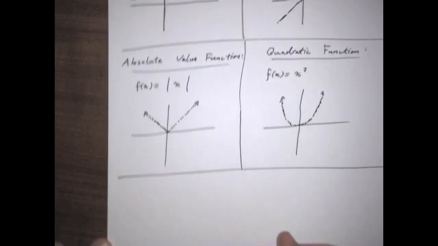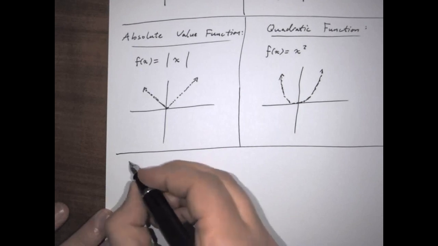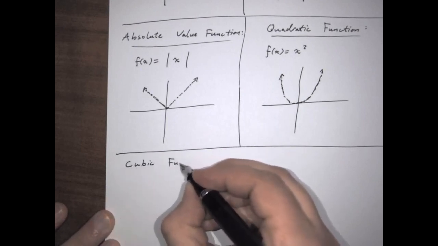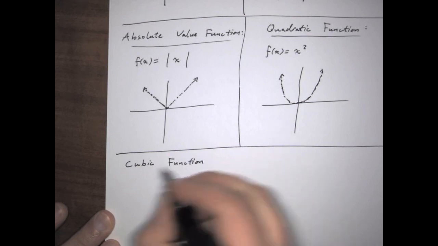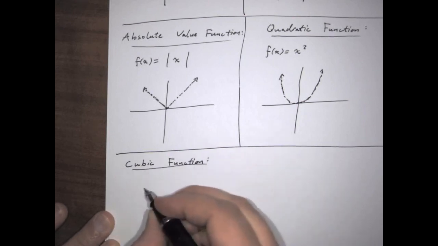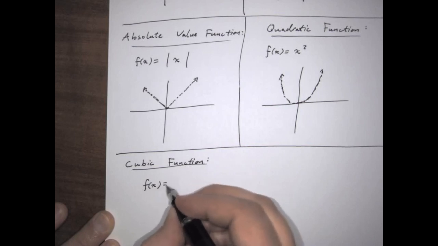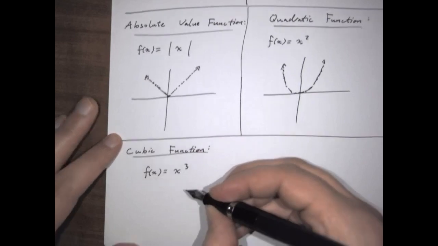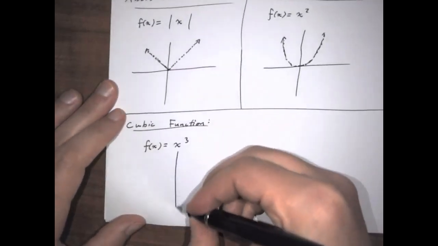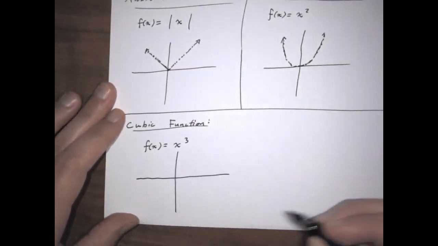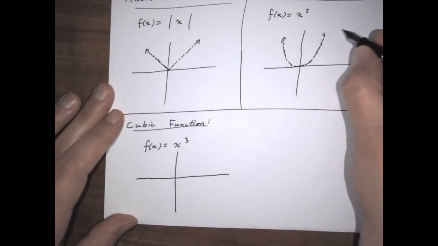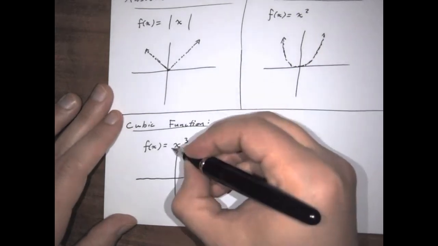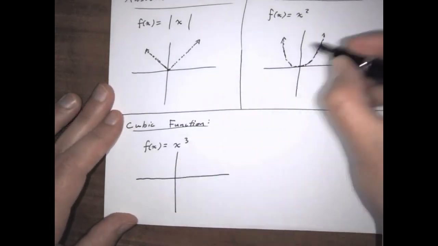Now, the next level up from a quadratic is what's called the cubic function. And so the formula there is f of x is equal to x cubed. And the most important difference, if you are raising something to the third power instead of the second power, is that unlike with a quadratic, when you're squaring things, here, if a negative goes in, a negative will come out.